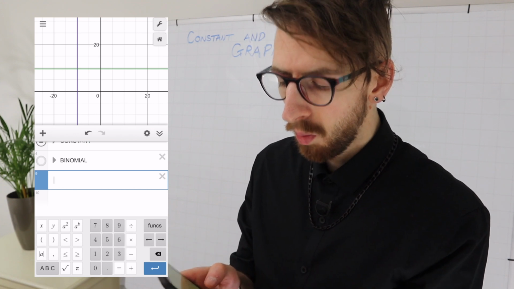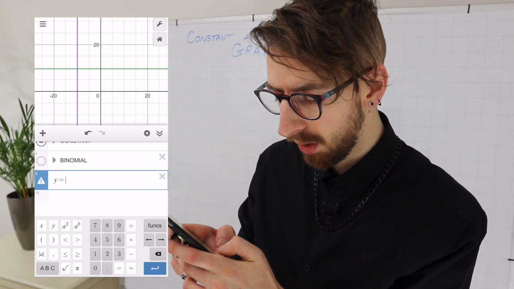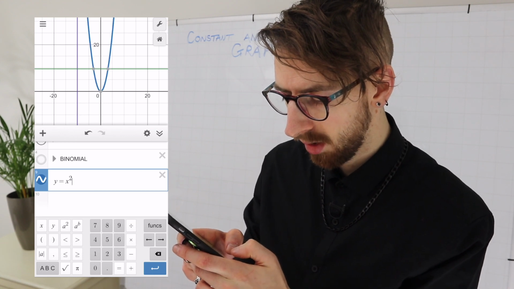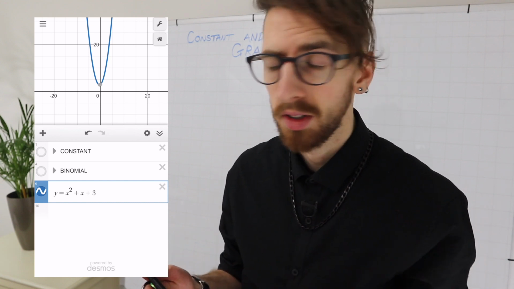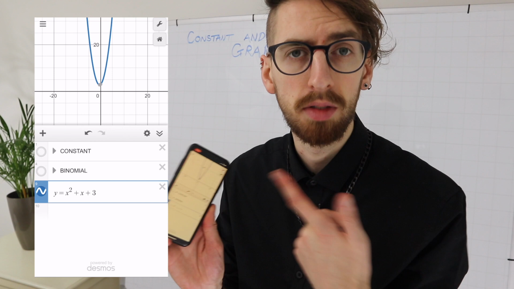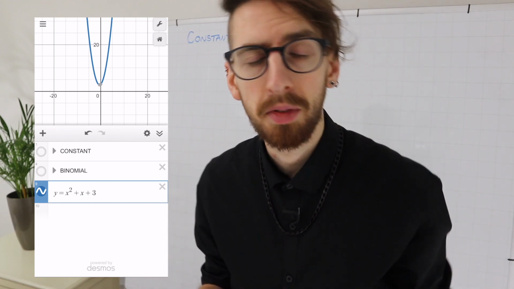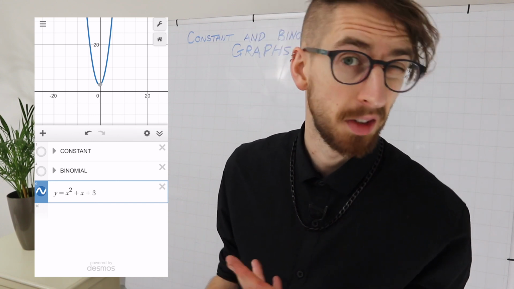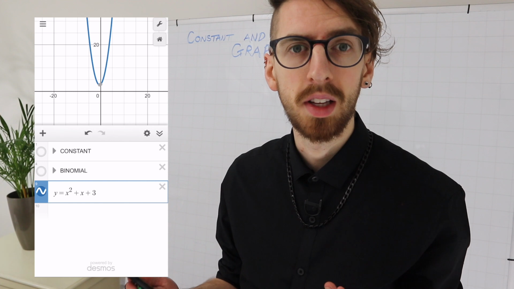That's it. What we're going to move on to after this is quadratics. So that's ones where it's like y equals x squared. That's what we're moving on to next. Now with these ones, after your binomials, you can't just read the gradient straight off the graph. You have to use some special techniques. But before we get to those special techniques, which is differentiation by the way, we're going to have to learn how to solve these quadratics.